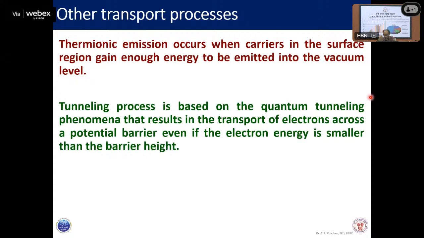Similarly, for the ball hitting the wall, there is a very finite but very low probability that it can pass through the wall without breaking it. That is called tunneling.